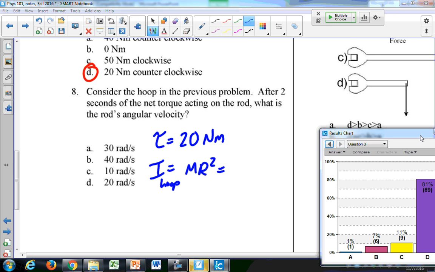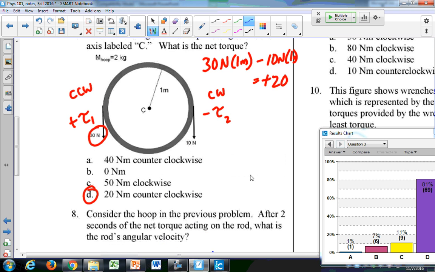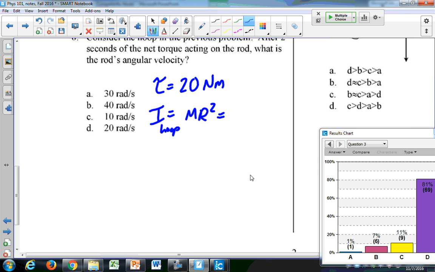It'll be there for you. The mass was 2 kilograms, a radius of 1 meter. So 2 kilograms, 1 meter, that's squared. Make sure you get it squared. It doesn't matter here, but it does matter generally. So that's my moment of inertia.